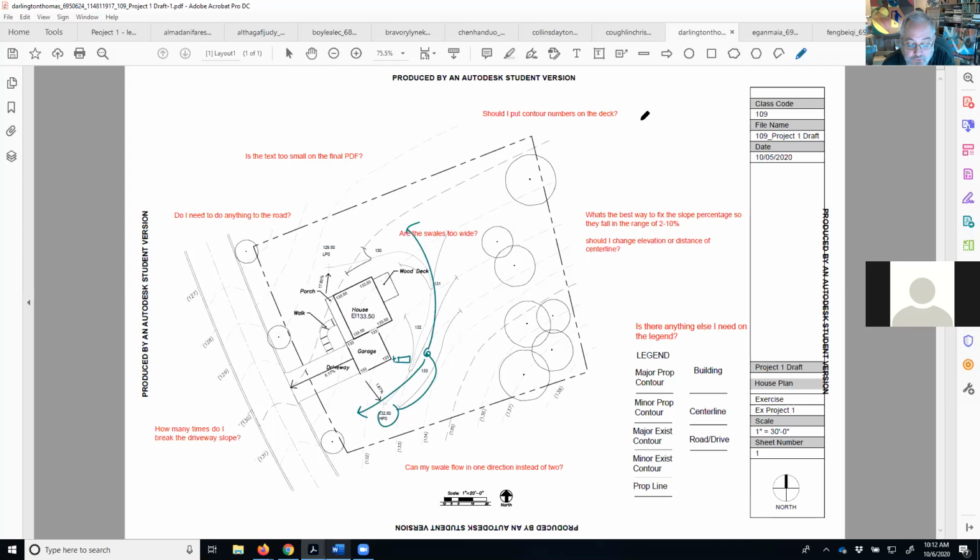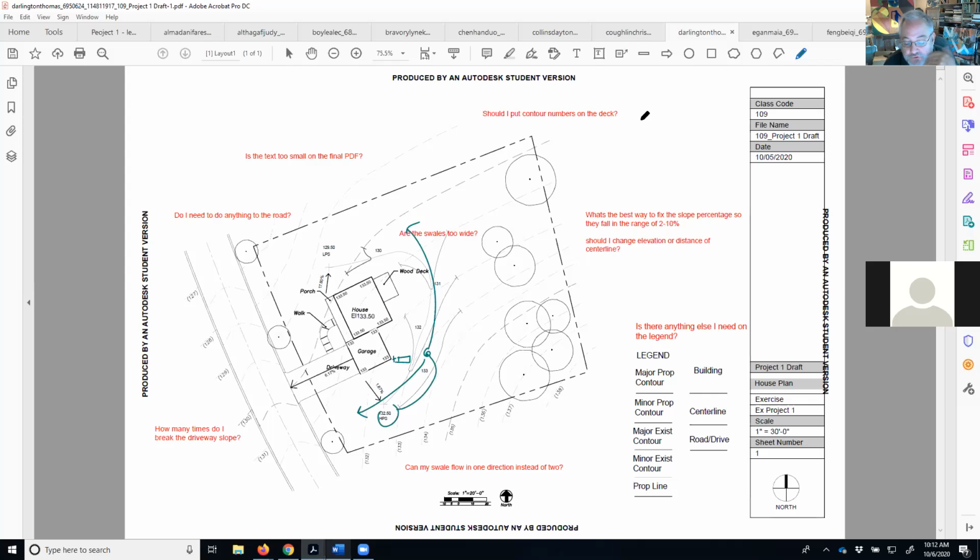Number 2, you can change the location of the low point. Number 3, you can shorten or lengthen the swale. Number 4, you can change the elevation of the high point. Number 5, wherever we are, if you change the location of the low point, that would also change the elevation.